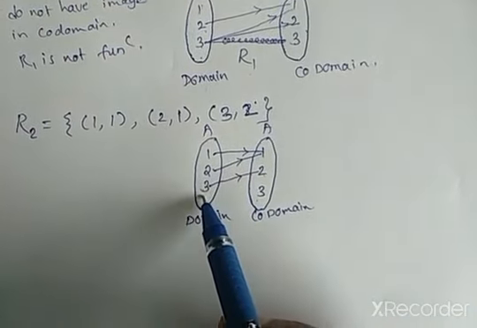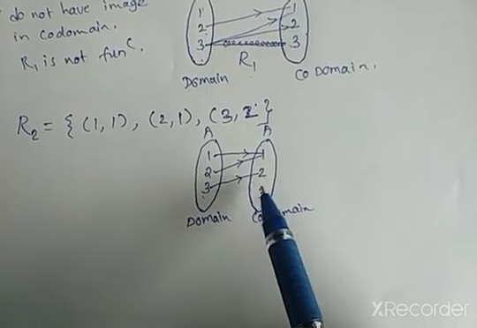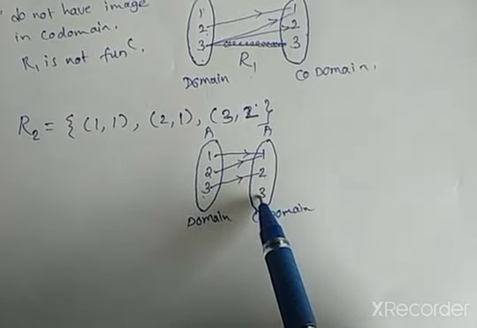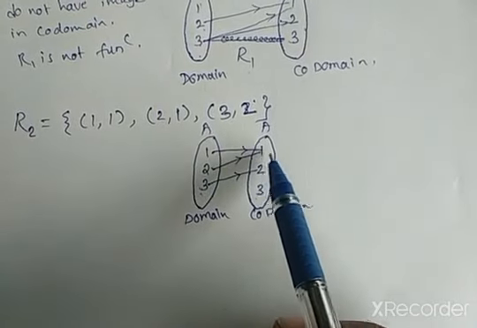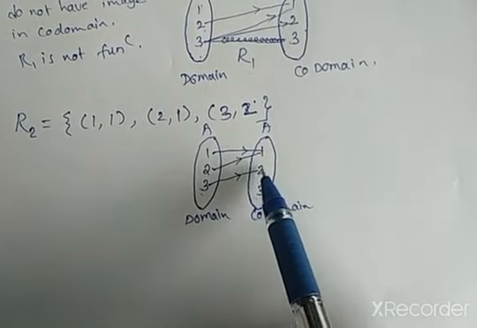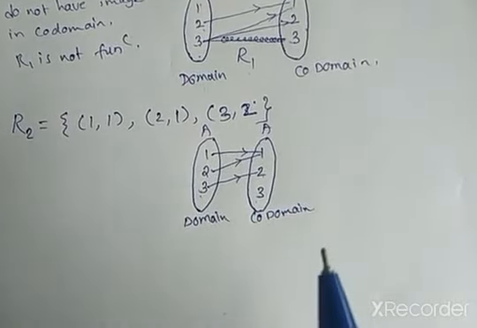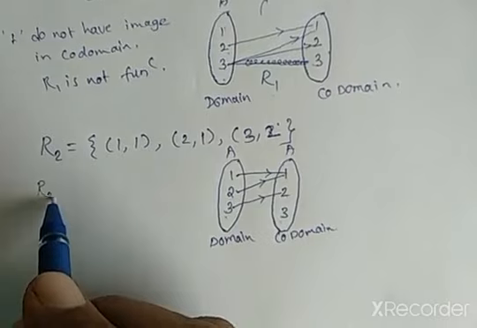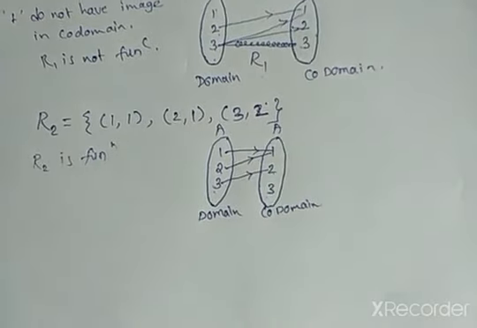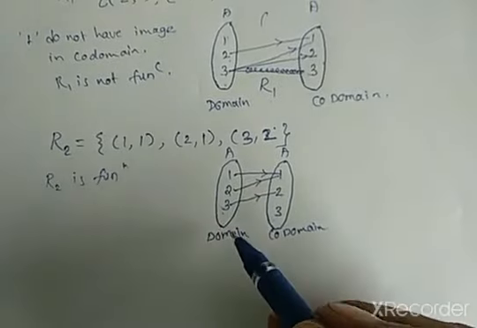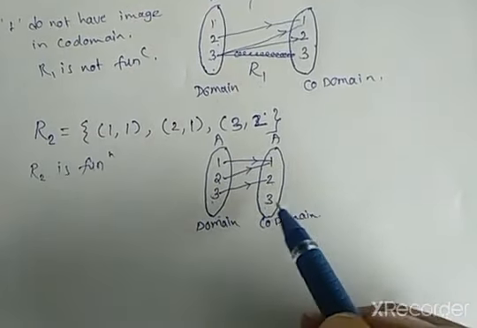So every element in the domain set has an image in the codomain set, and only one image. Every element has a single image only, so our R2 is a function.